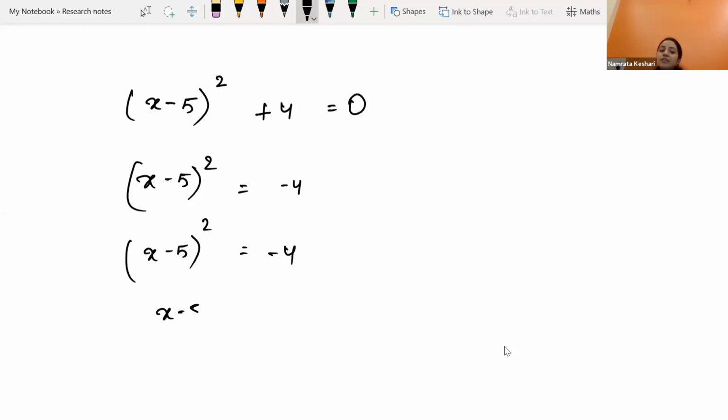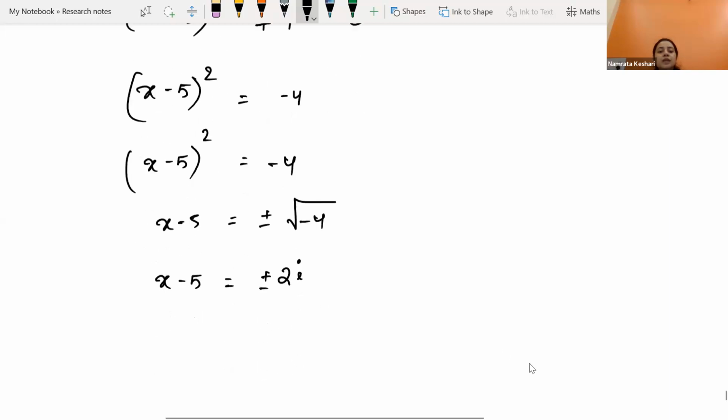x minus 5 will be, can we say, plus minus under root minus 4? Can we? Yes, ma'am. It will be x minus 5 is equal to plus minus 2i, since root 4 will be 2 and i will be there. Yes or no?